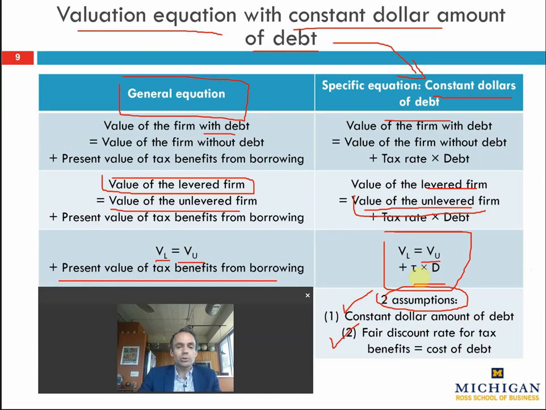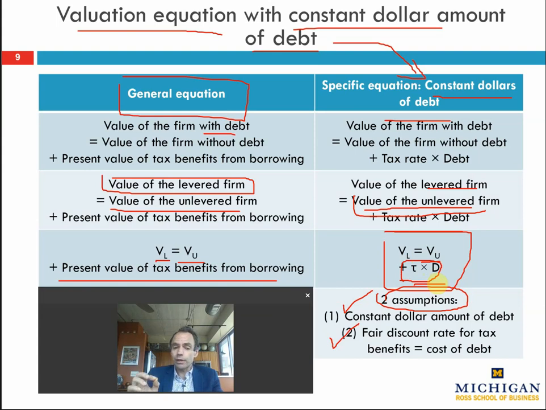D times the corporate tax rate, D times the Greek letter tau, that is the present value of all of those payments. Often what students will do is that they will conflate tau, the tax rate, times the amount of debt. They will think that that is something that they're getting every single year by taking on debt. So they will grossly inflate the present value of the tax benefits from debt.